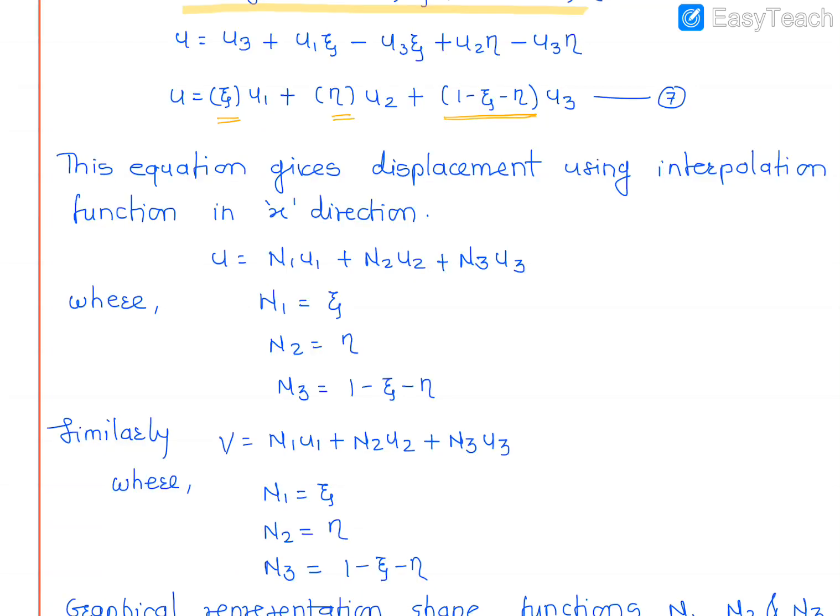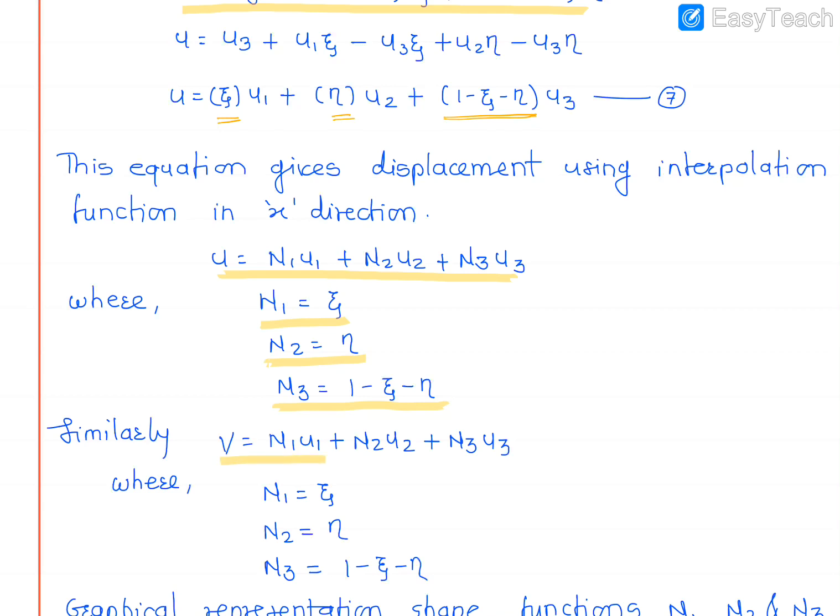So this will give us the displacement using interpolation function in x direction as u is equal to N1 u1 plus N2 u2 plus N3 u3, where shape function N1 is equal to zeta, N2 is equal to neta, and N3 is equal to 1 minus zeta minus neta.